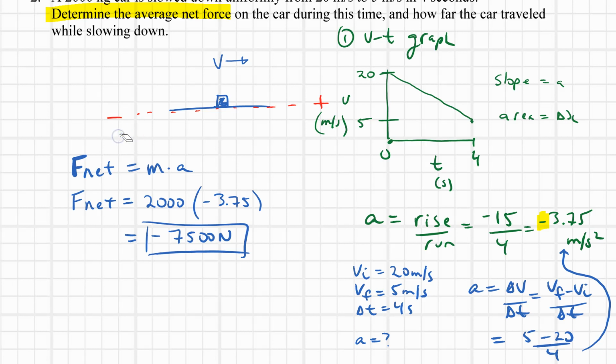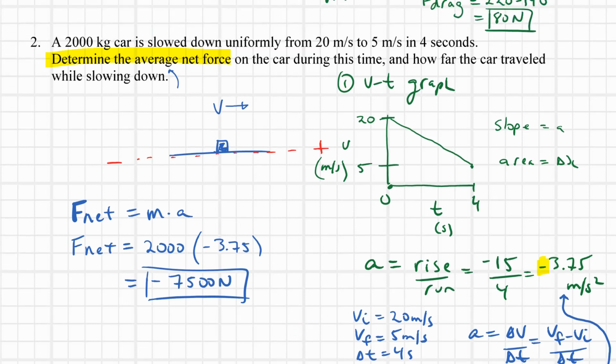The other one that might bother some people is that it says average net force. And how do we figure out this average net force? Well, looking at this velocity time graph, I drew it as a straight line because it said it's slowing down uniformly. In other words, it has a constant acceleration, and this is going to be a straight line. If you were braking in your car and you didn't brake uniformly, and the line was kind of going up and down like this, then it would make sense to say the average force.